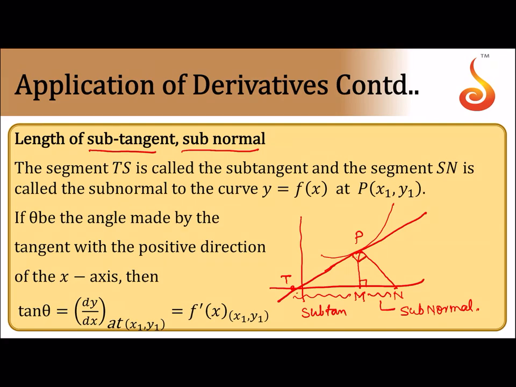So a segment TS is called the subtangent and SN is called the subnormal. y equal to f of x, where theta is the angle between them.